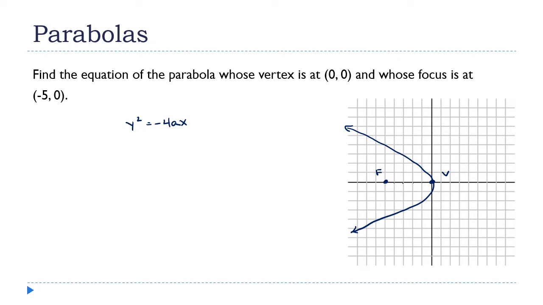Remember, a is the distance from the focal point to the vertex. That's going to be 5, and it's positive 5. It's a distance, so always think of this a as a distance, so it's always going to be a positive number. So if I put 5 in here, I get y squared equals negative 4 times 5, which is negative 20x. And that's it. There's the equation of this parabola.